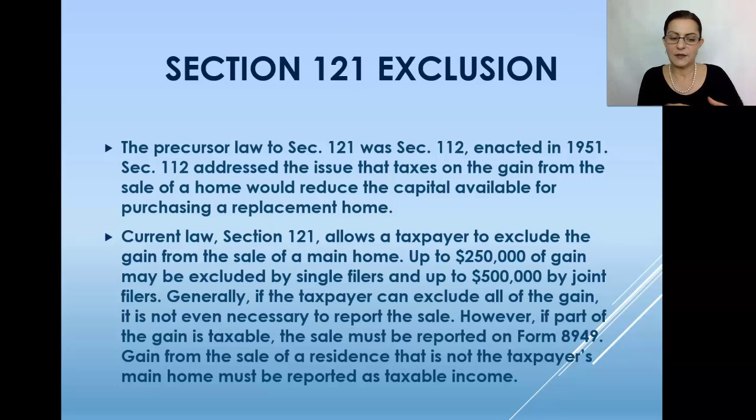And back then, if you sold your home and you had a profit on the sale, then if you reinvested all of the profit into another home that cost either the same amount or cost more, then you wouldn't have to recognize the gain.